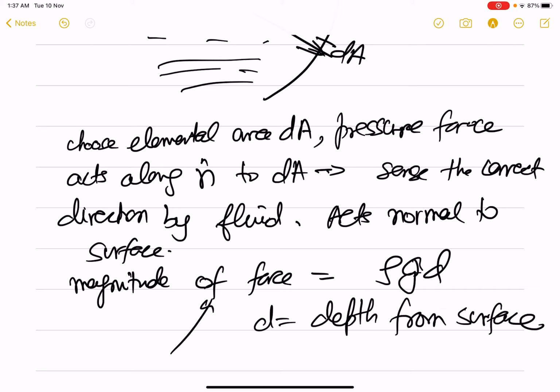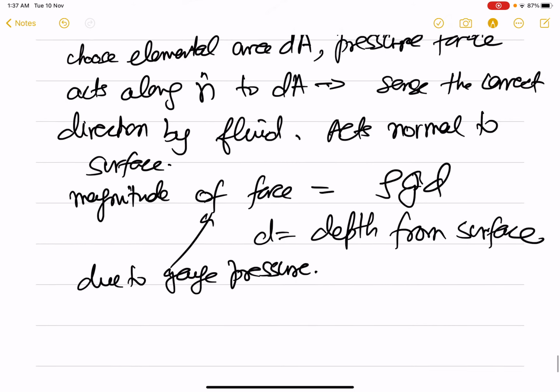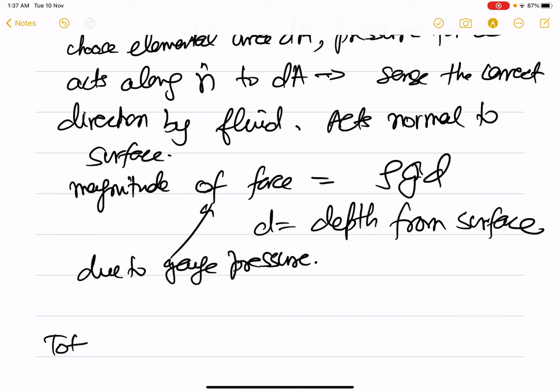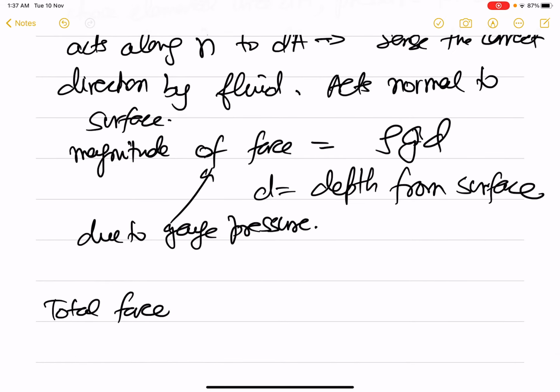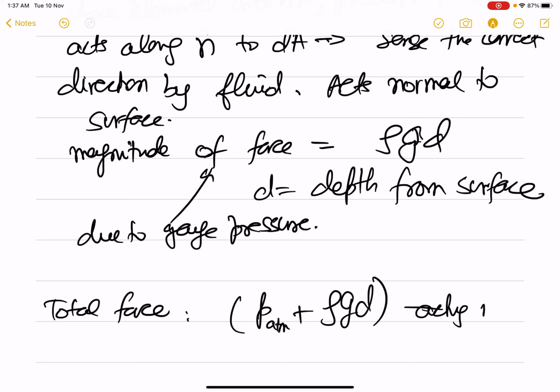And this magnitude is due to gauge pressure, and the total force, if in some application you don't have to subtract the force of atmosphere acting all around, this will be P atmosphere plus rho g d, and this will be acting normal to the surface.